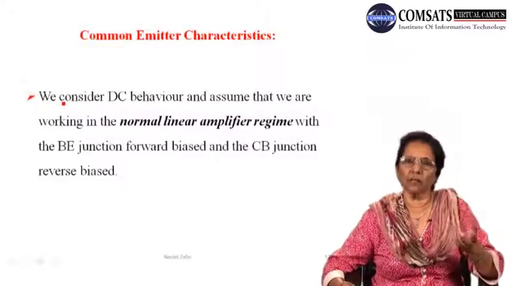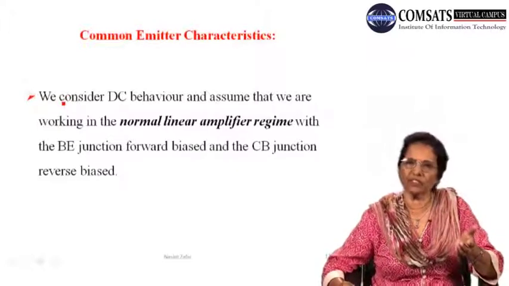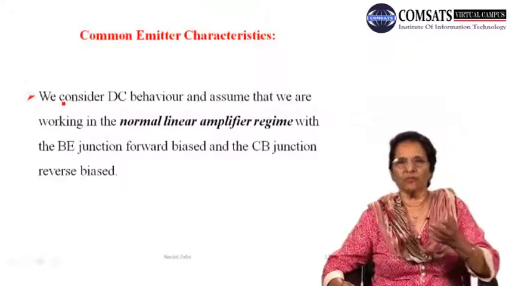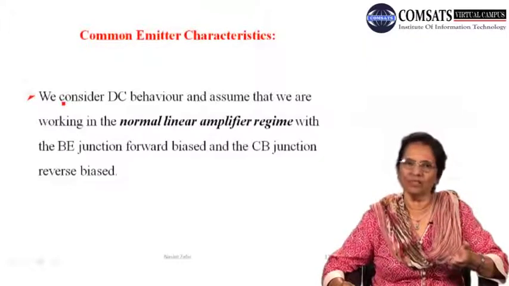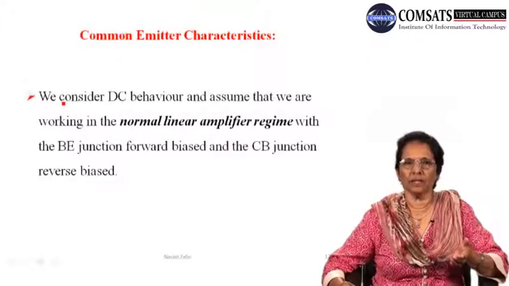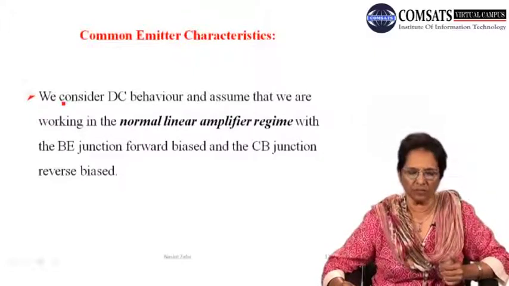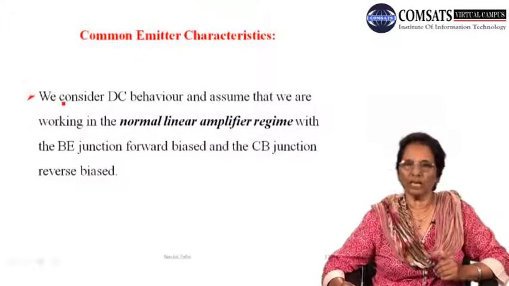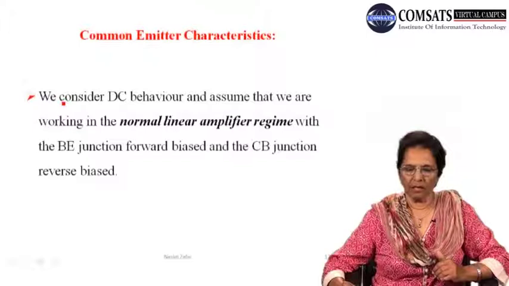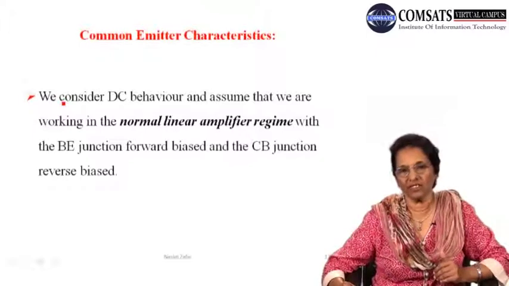Hence sometimes they are known as DC output characteristics, and their performance is defined in terms of the DC parameters, which we will also discuss towards the end of this lecture.